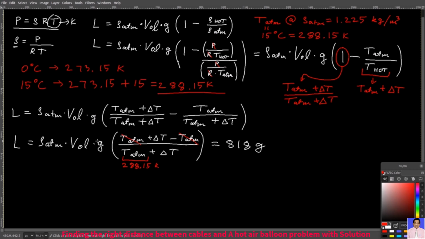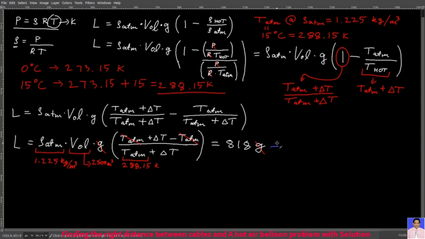And now we can cancel out the G's here. We know this value, 1.225 kilograms per cubic meter. Then we know the volume, 2500 cubic meters. And you only have one unknown, delta T.